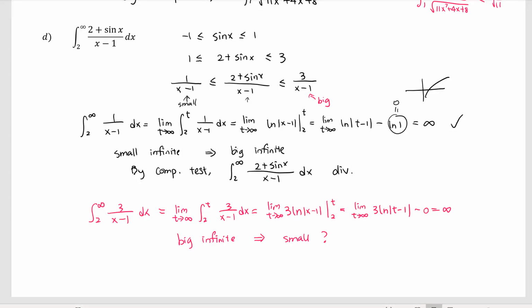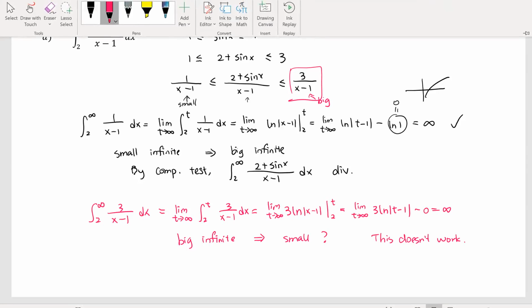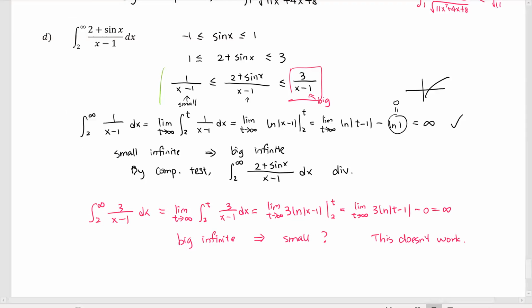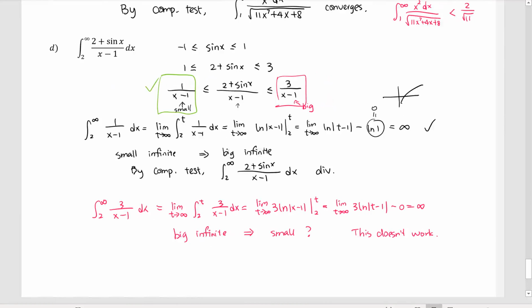So in this case, this doesn't work, and we have to try another function. That's why in this problem, this one doesn't work, but the one on the left works. Alright, so this is the comparison test.